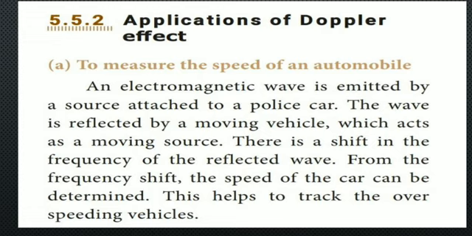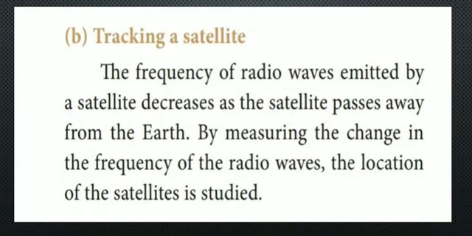Yes, if we go to metro cities, you will see that the speed of the vehicles is measured. Okay students. Okay, and next, tracking a satellite. That is GPS, global positioning system.